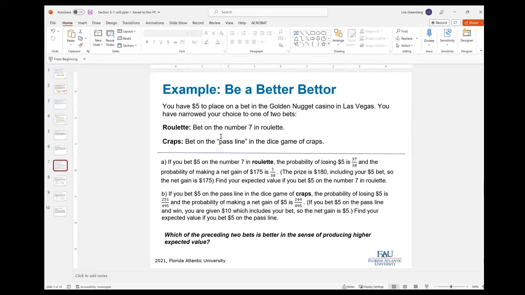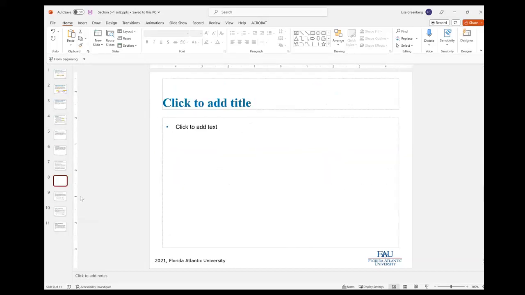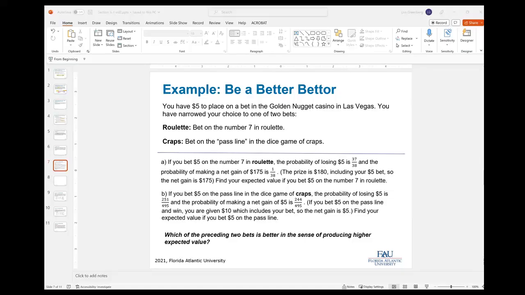So let's do an example here. I'm going to put in a new slide. All right, so I put in an extra page.